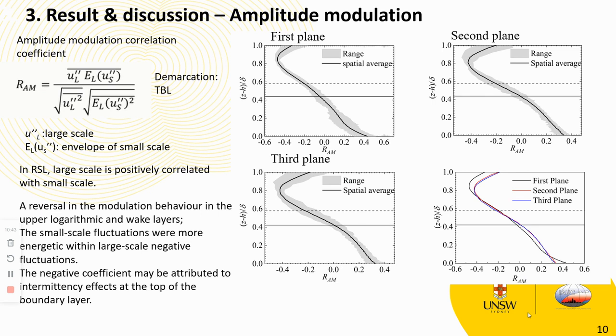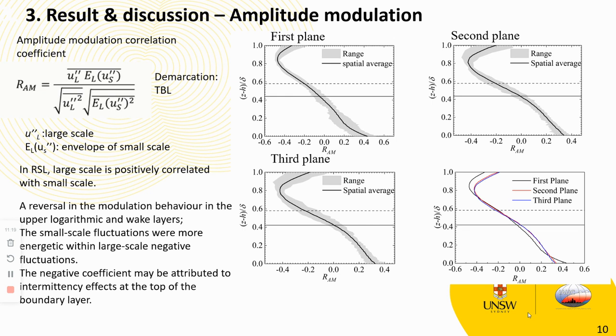And then we calculate the amplitude modulation to find the relationship between small scale and large scale. The main procedure is to calculate the large scale and the envelope of small scale and get the correlation coefficient. And we had the three plane results. In the RSL, there is a positive relationship between the large scale and the small scale.